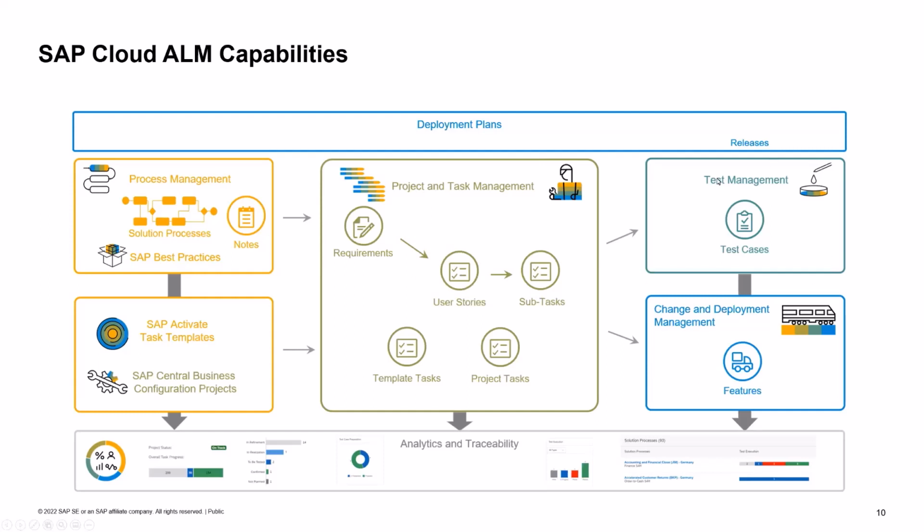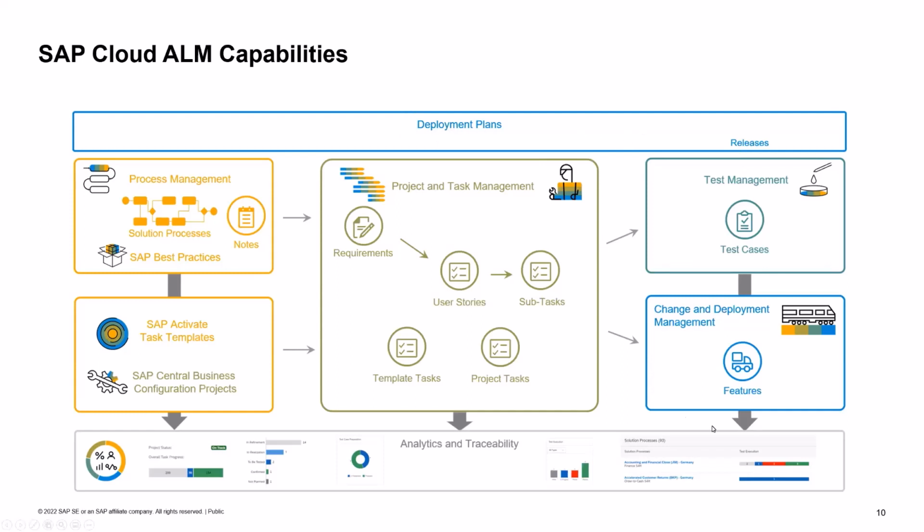Then as well, we have test management, test cases included, and we have as well high-level change and deployment management, which are represented especially by this functionality or task type features. To control these deployments, we now have as well releases and deployment plans.